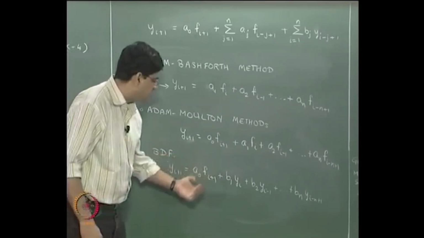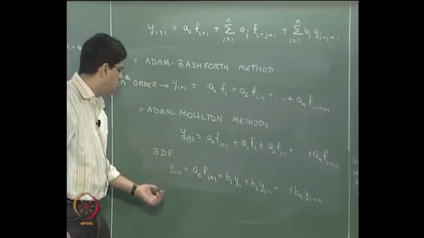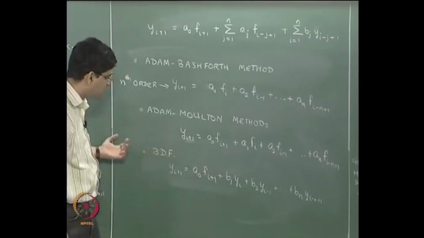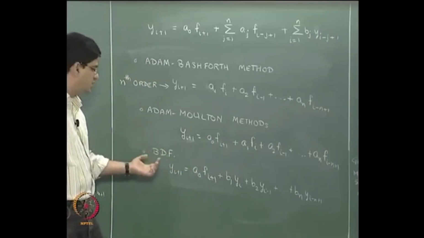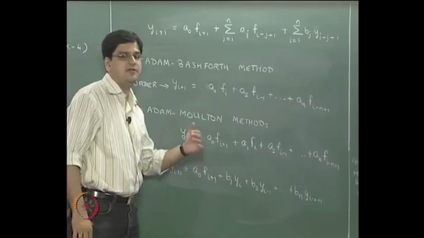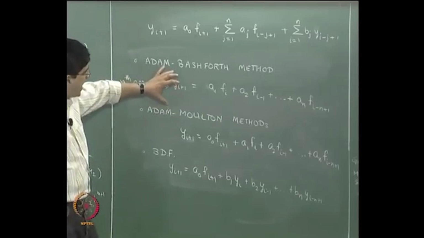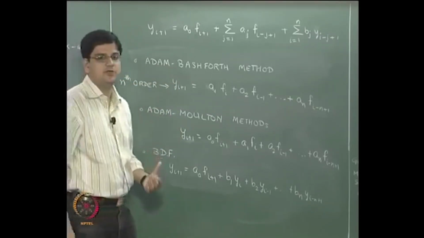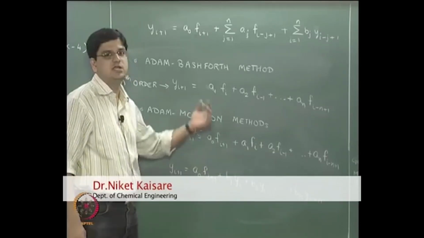The way of computing the backward difference formula is fairly straightforward. What we do is we describe df by dt, which is nothing but dy by dt, as the numerical difference between the past points, and we will use this in order to derive the backward difference formula. The Adams-Bashforth method and Adams-Moulton method will use Newton's backward difference interpolating polynomials.